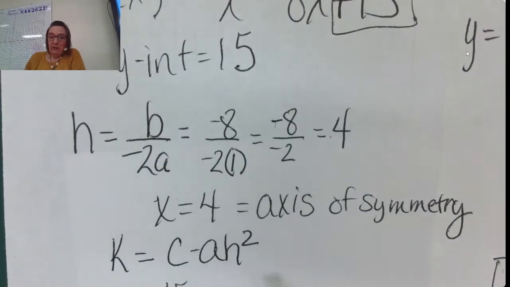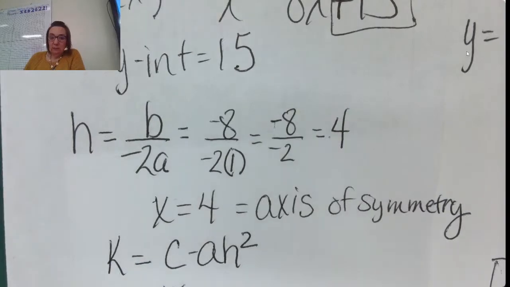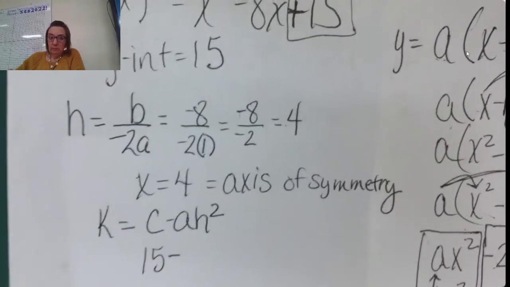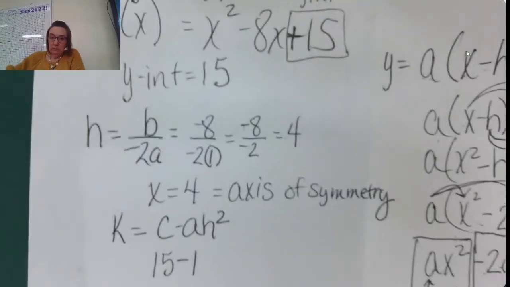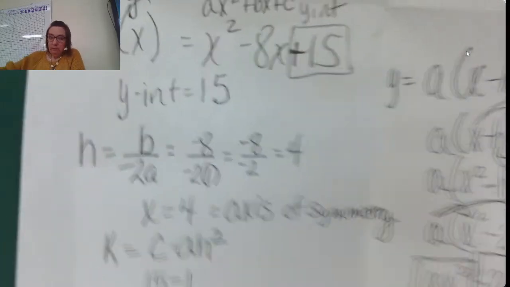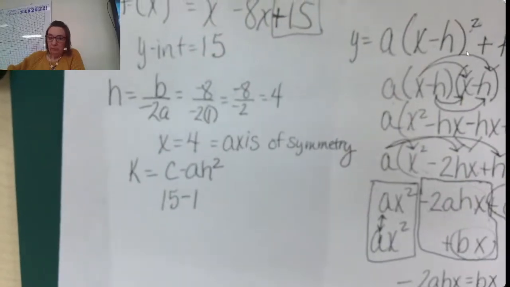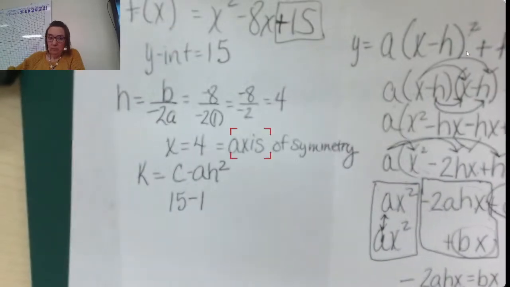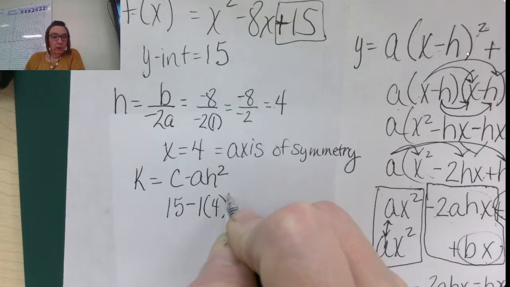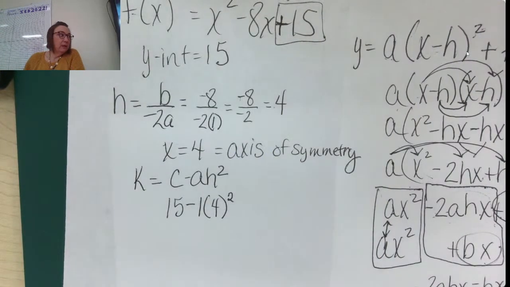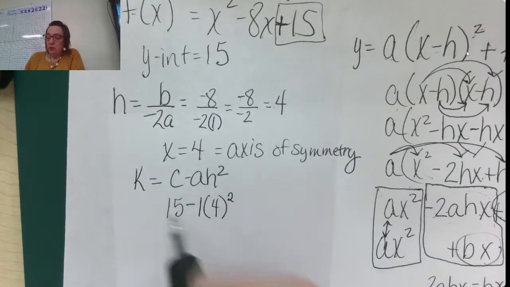What is our a value in this equation? 1, right? What did we find for h? 4, right? And then we're squaring that. So when we do this math, what do we square first?